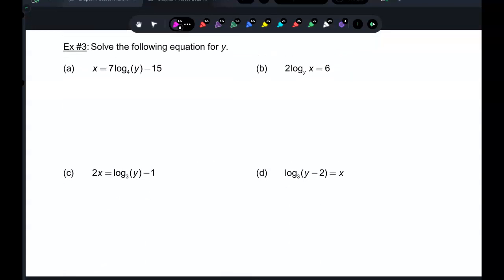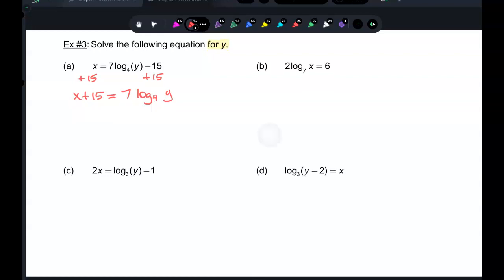Okay. Next one, we want to solve each of these for y. So I want to try to isolate y. First thing, we're just going to solve this in the beginning like a normal equation. I'm going to add 15 to both sides. So I have x plus 15 equals, oh sorry, I forgot my 7, 7 log base 4 of y.